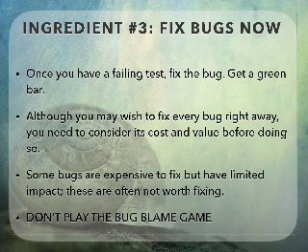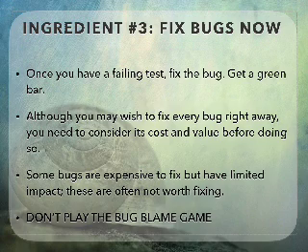Although you may wish to fix everything right away, you need to consider the cost and value of it before you do so. Some bugs are expensive to fix, but they have limited impact on the actual code. These may not be worth fixing, so you identify the impact the bug actually has on your code, and then you fix accordingly.